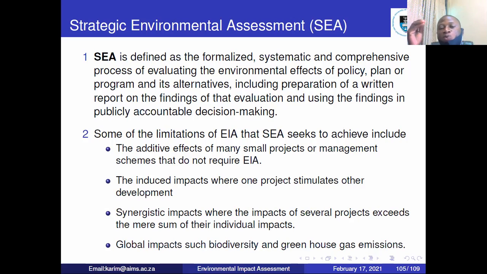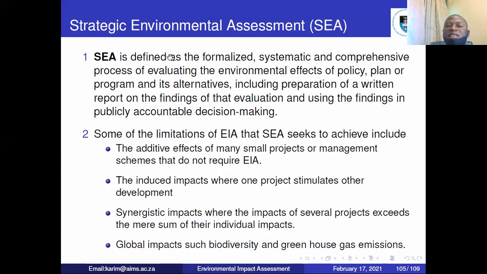Maybe if it is just one project, the impact on the environment is not that much. But because there are 10, 20 projects running in the same environment, the impact may be great. So here we are saying that we need to use the strategic environmental impact assessment procedure so that we'll be able to assess and get information on this.